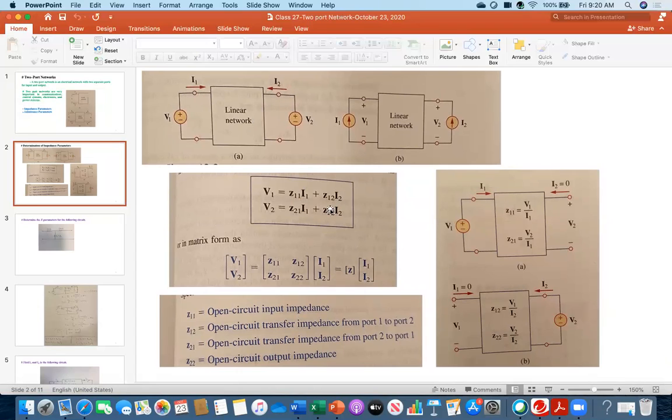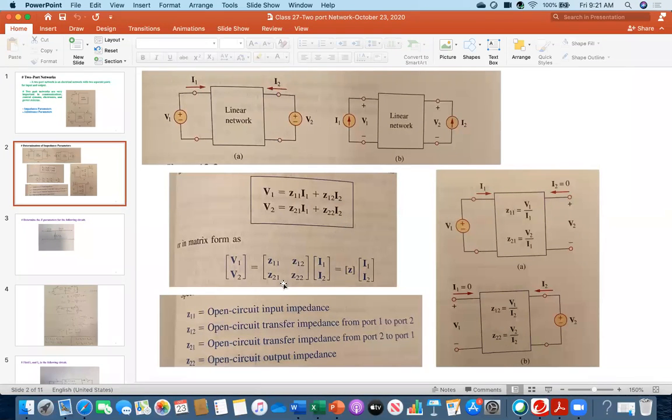So there is one more impedance, Z12 is the symbol. Z12 means transfer impedance, for example, open circuit transfer impedance from port 1 to port 2. That is the relationship between port 1 and port 2 through Z12, multiplied by I2, the other port current. Similarly, we can write V2 equals Z21 I1 plus Z22 I2.